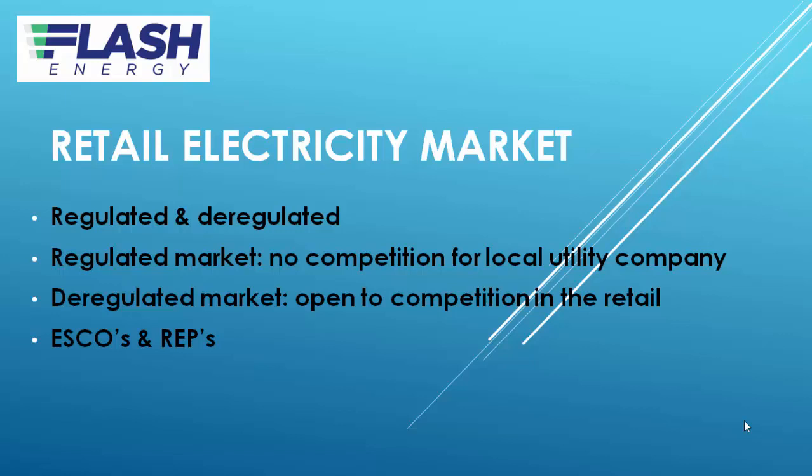If I'm in a regulated market, I've got no options. If I'm in a deregulated market, I do have options. I can stay with my local utility or I can buy from a competitive supplier, which is an ESCO or an REP. So when we make phone calls to customers, we are calling on behalf of an ESCO or an REP to sell them their energy. Okay, that's how that works.